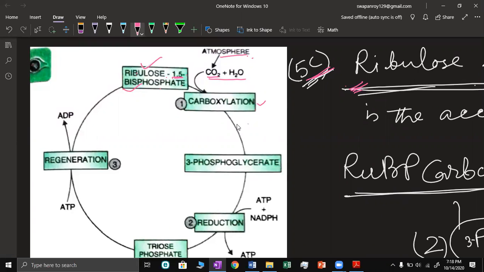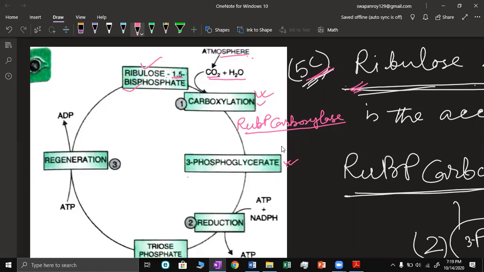Here is the enzyme, that is RUBP carboxylase. This causes the carboxylation, and the product is 3-phosphoglycerate or 3-phosphoglyceric acid. So this is the first reaction.